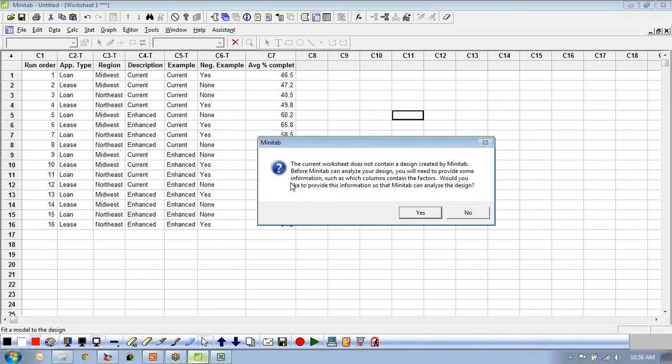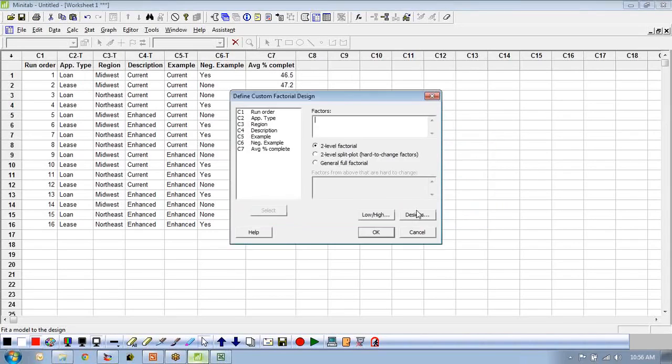Do you have some data that you want me to help you with? Click yes. If you read it, that's essentially what it says. And it's going to go through and ask you for what are the factors. So more language. So the factors are the inputs. So factors would be app type, region, description, example, and negative example.